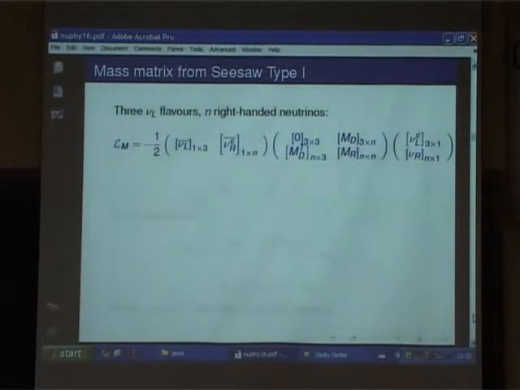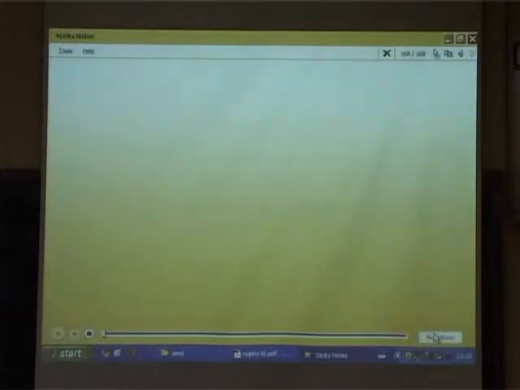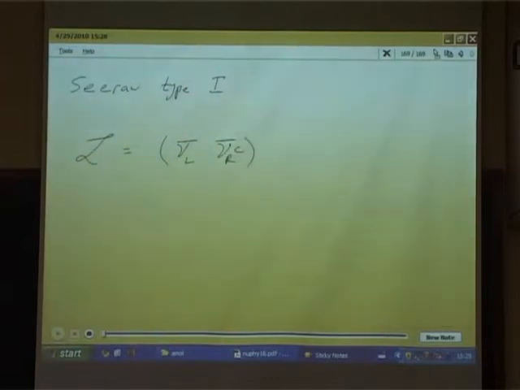So now we go to our old Seesaw. Remember that when we saw Seesaw type 1, the Lagrangian was something like this. I had nu_L bar, nu_R^c bar, then the matrix 0, M_D, M_D, M_R, and then nu_L, nu_R^c.